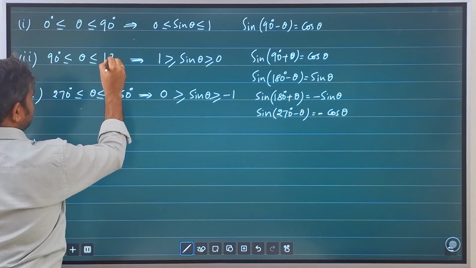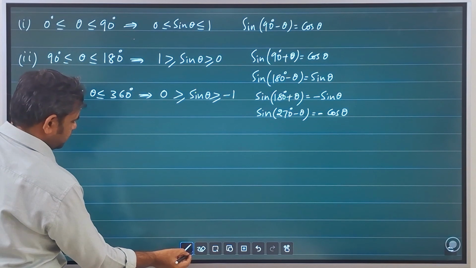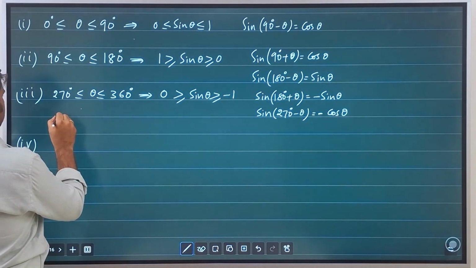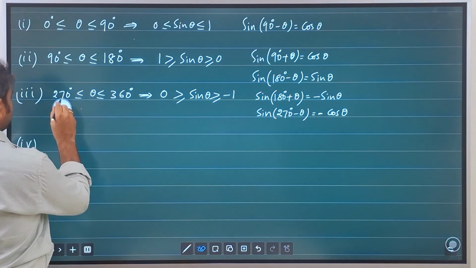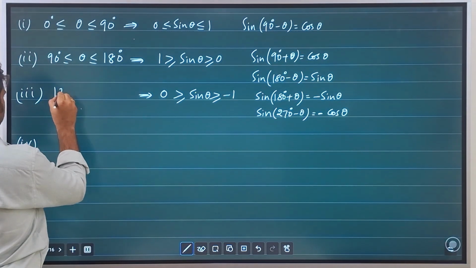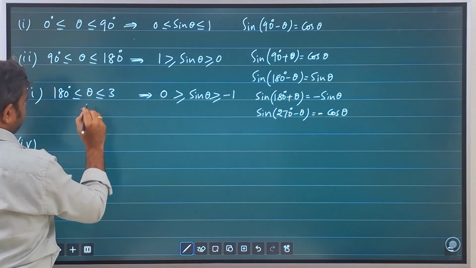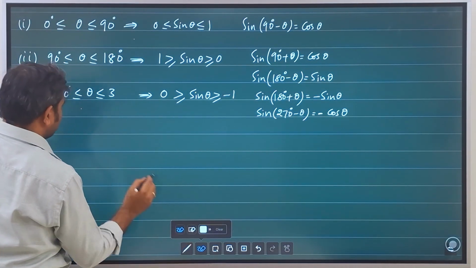This is 90 degrees to 180 degrees, and here the third quadrant is 180 degrees to 270 degrees.